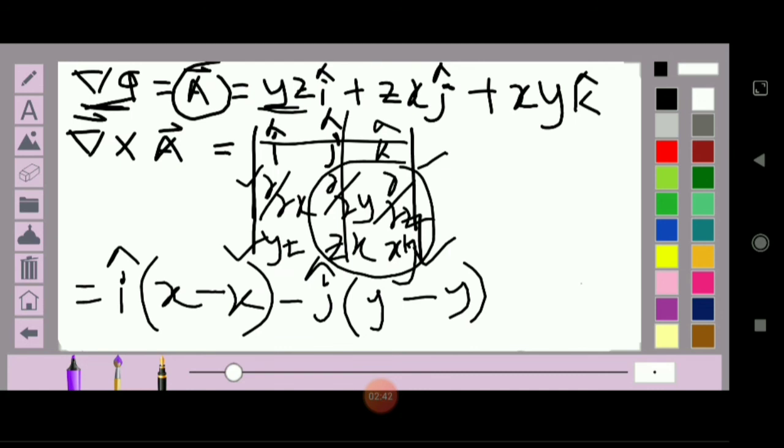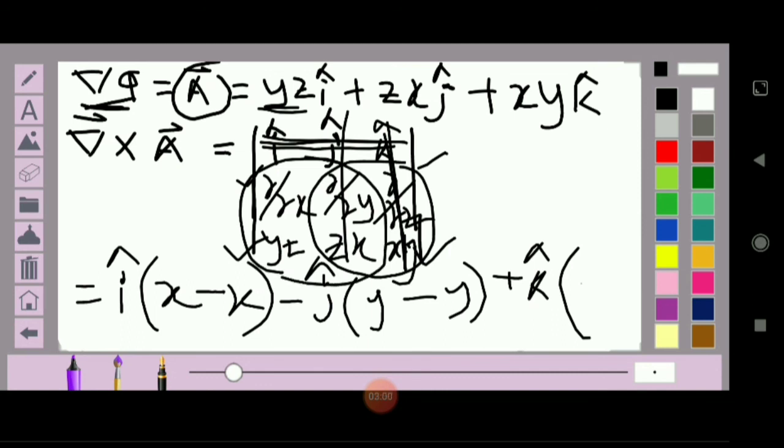So this is also 0 as we can see, and k hat: whenever we are taking k hat, we remove the corresponding row and column. So we have only this 2 cross 2 matrix. So del x of zx is z, minus del y of yz, that is z again. So this always gives us 0.